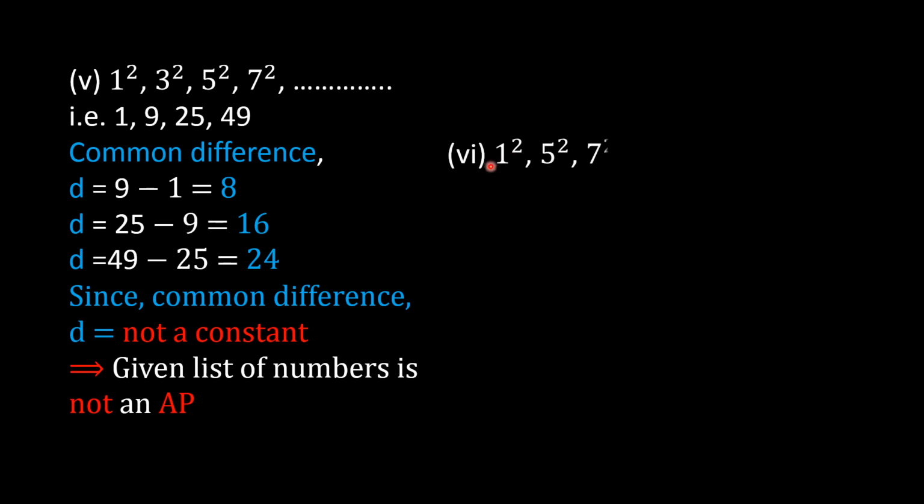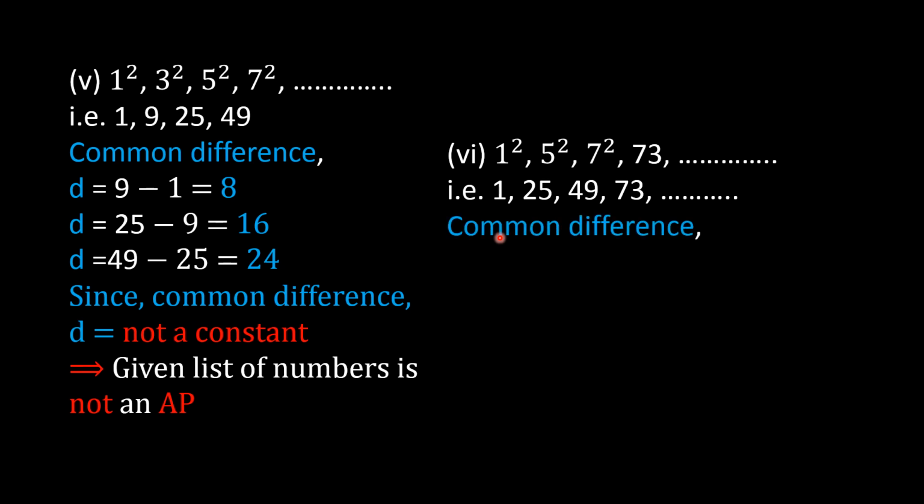The next series of numbers is 1 squared, 5 squared, 7 squared, and 73. That is, 1 squared is 1, 5 squared is 25, 7 squared is 49, and 73 is 73. So here the common difference, first by using 25 and 1: 25 minus 1 is 24.